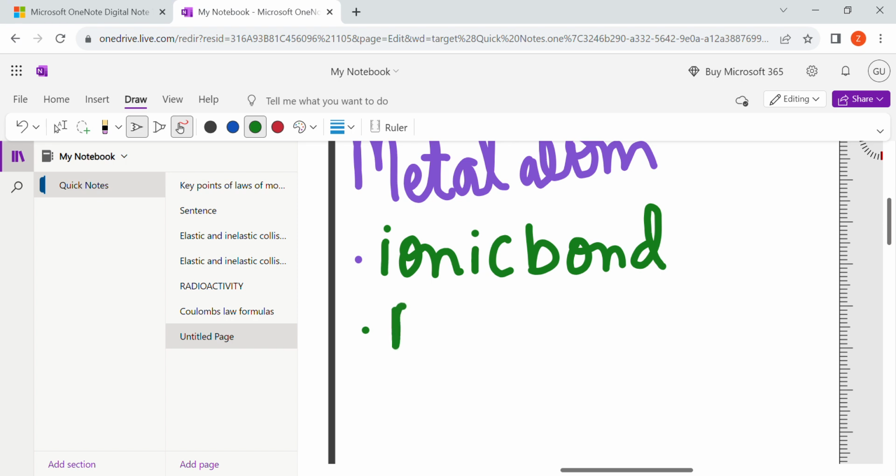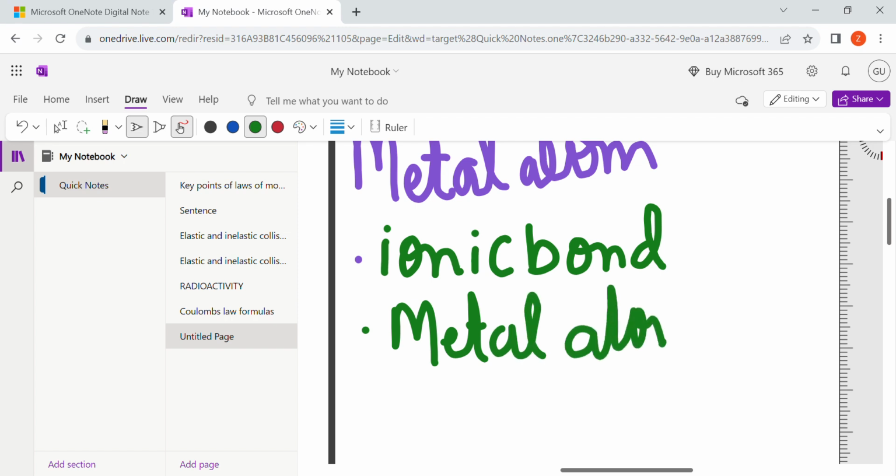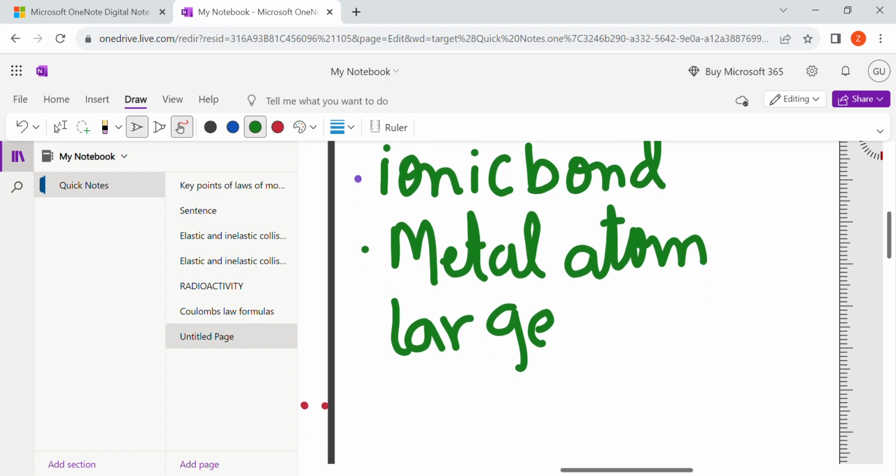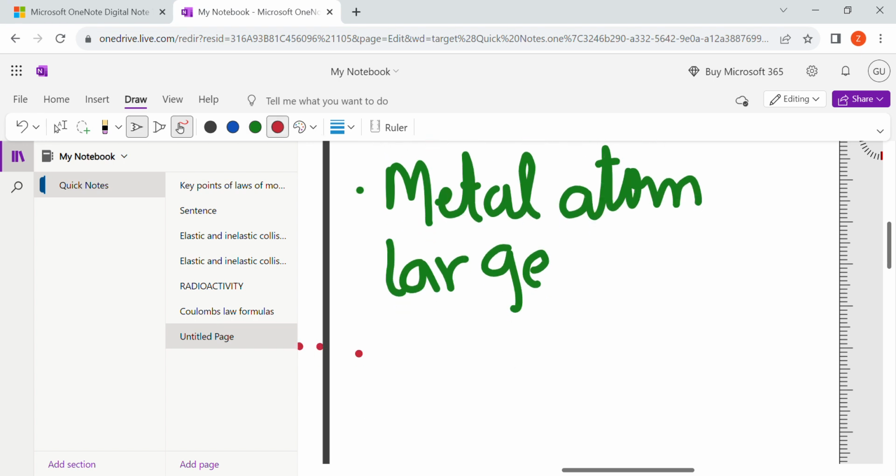The metal atom is very large in size. Alright, and due to that, the nuclear force between the metal atoms is very weak. Let me explain how. Let's write that.